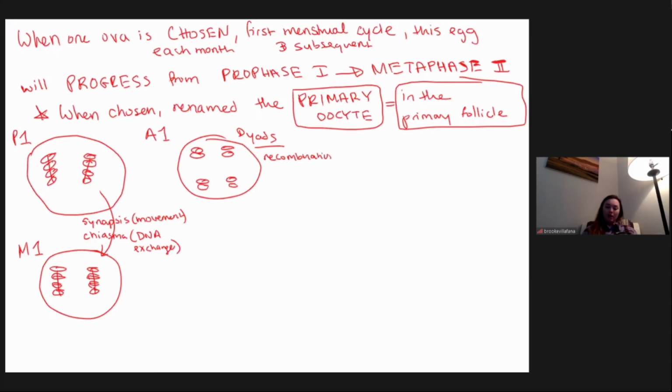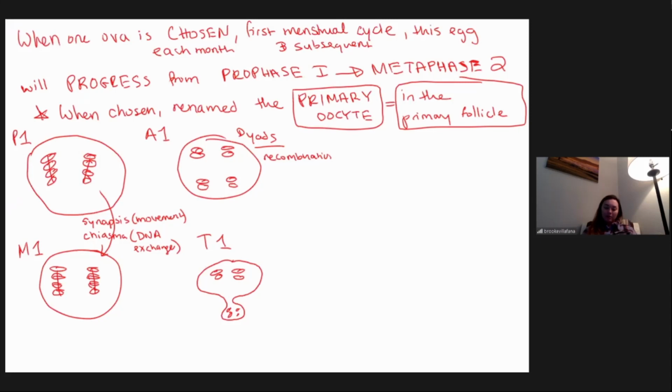I'm writing M1. If you mean over here, this is metaphase 2. This is M1. So then we have telophase 1, right? And telophase 1 is when we get those dyads kind of become 2 different cells, yes?